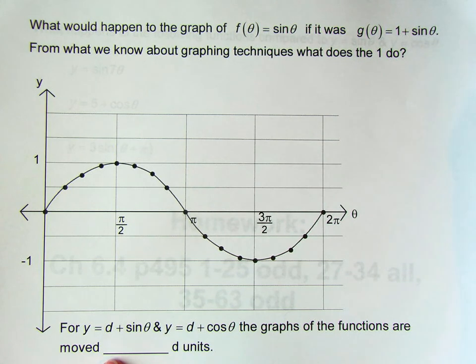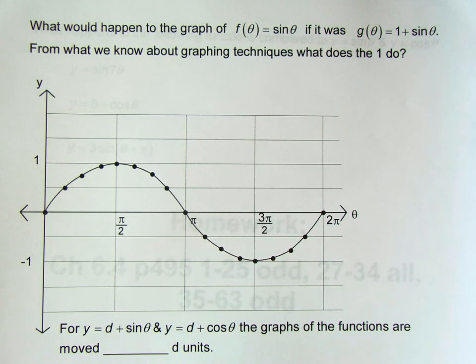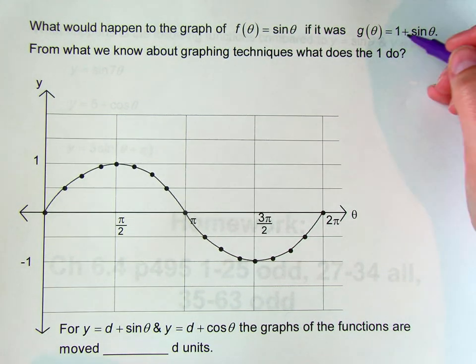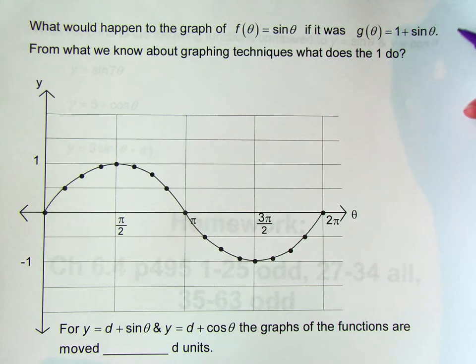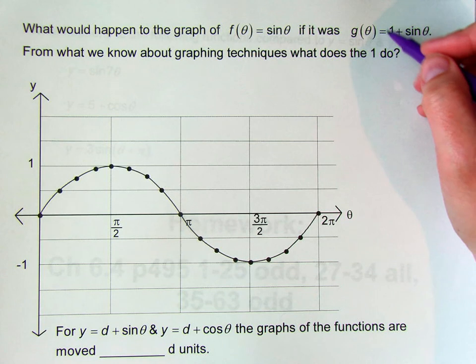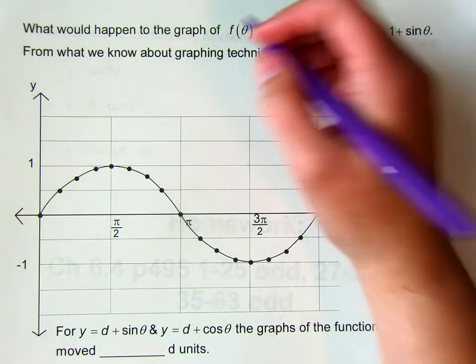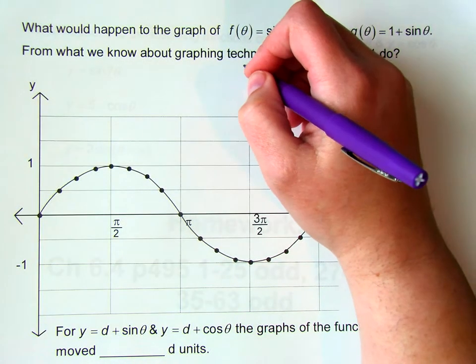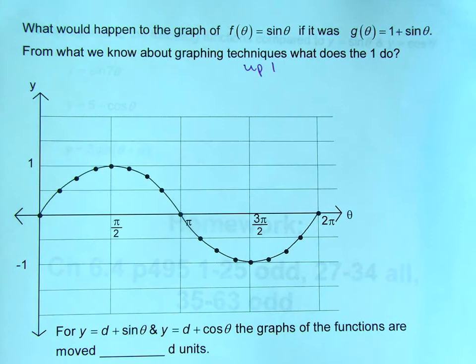That's on the outside, so that is a vertical transformation. We don't write plus 1 at the end. We write it at the beginning so we don't have confusion that it's in with the theta. So this plus 1 means it's going to be moving the graph up 1. So everything is going to move up 1.